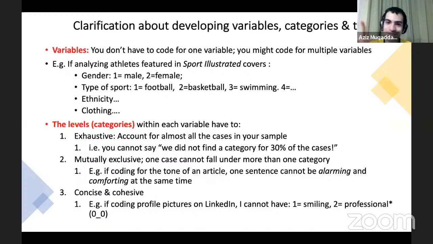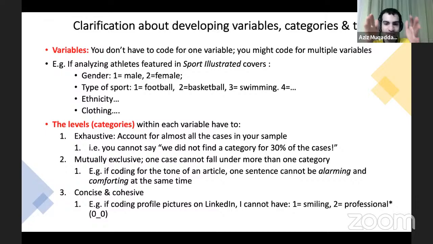Even if they switch, you would code for the current sport they're playing. So the category is the same. And the same thing when you're coding for tone: positive, negative, neutral. That's within one variable. Then you can do another variable for gender and whatnot.